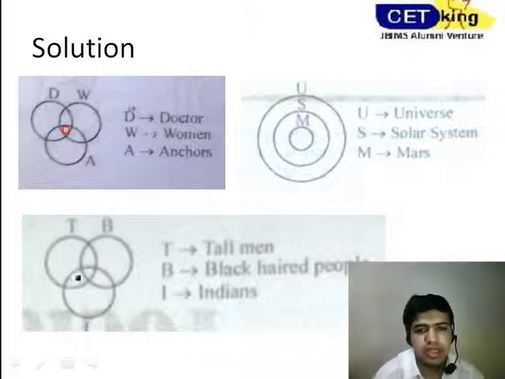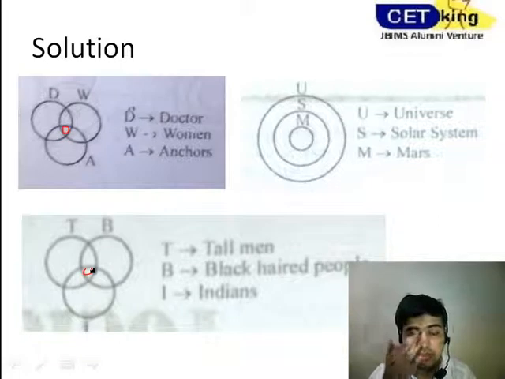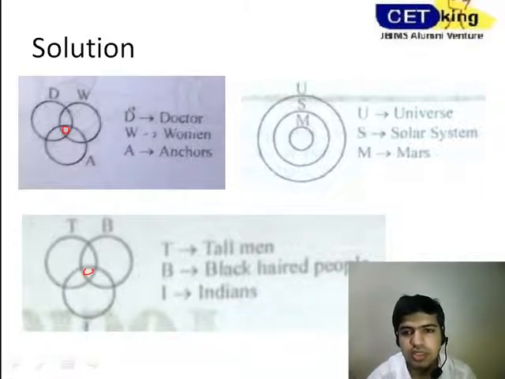Between Indians and tall men, there can be some Indians who are tall, but not all Indians are tall. And there can be a region like this, in which the Indian person is very tall and also black haired. So this will be the type of diagram we'll get. The third example is universe, solar system, and Mars. Mars is a subset of the solar system. There is Mars, and there are several other planets also in the solar system.